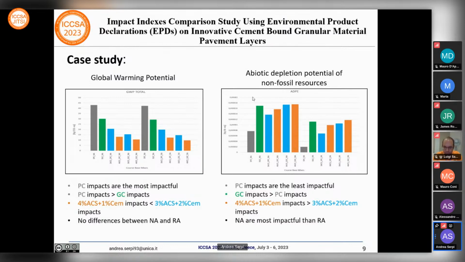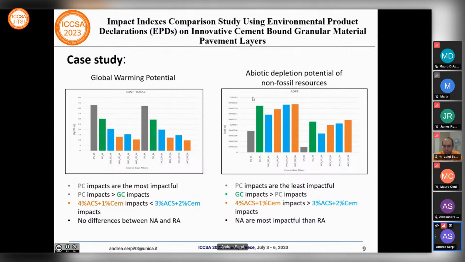First, global warming potential: we can see with these graphs that Portland cement impacts are the most impactful. Portland cement impacts are greater than those of the green cement, and the combination of 4+1 is less impactful than the combination 3+2. In this case, there are no differences between natural aggregates and recycled aggregates.